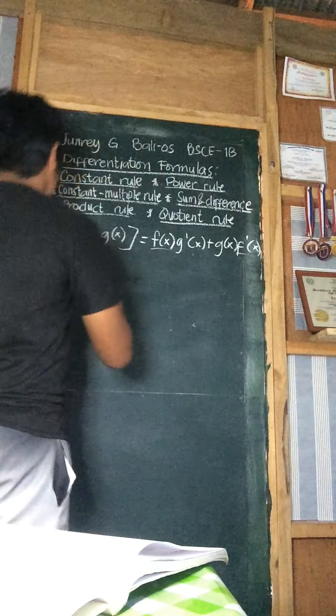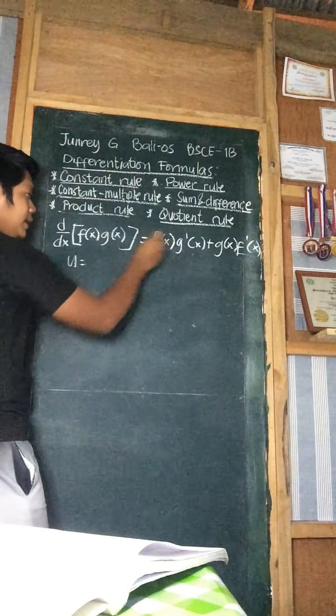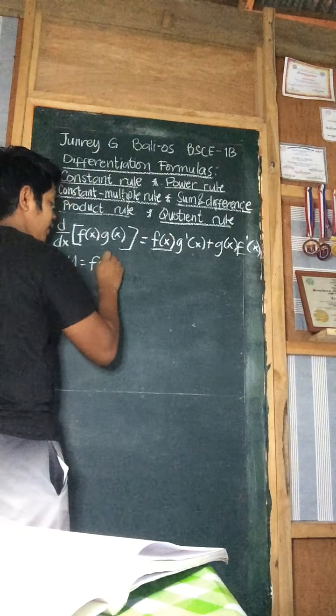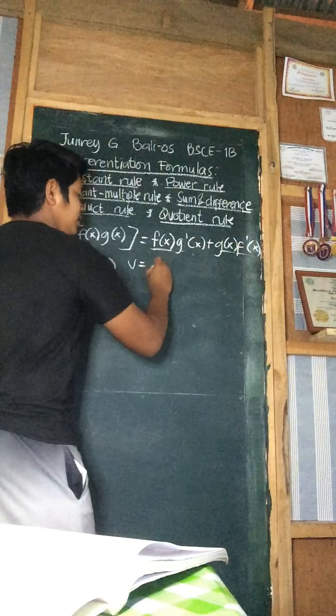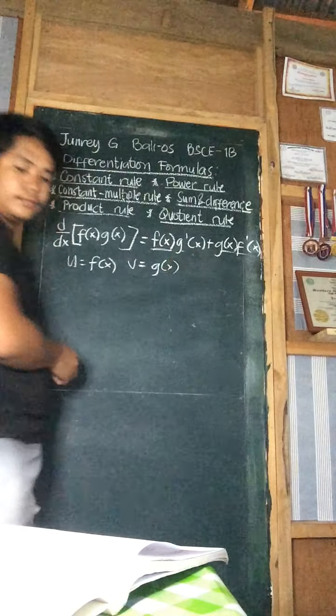Let u be this function f of x, then v is this function, the g of x function.